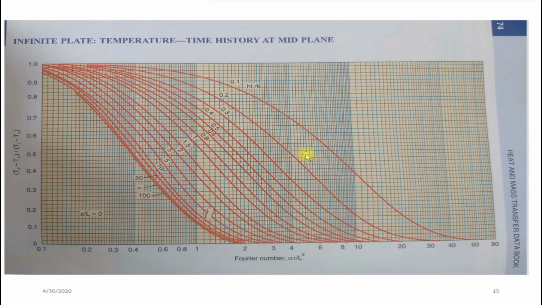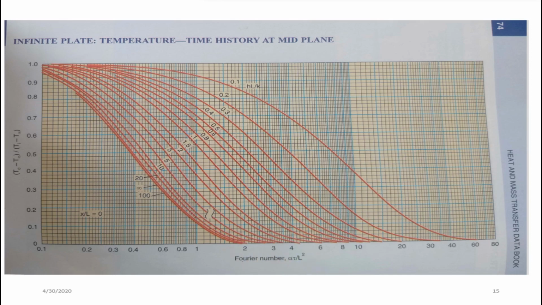You will get the value of the Fourier number as somewhere 4.4 or 4.5. Please observe, 0.185 and 0.495, that is nothing but 4.4, which you can take as the Fourier number.